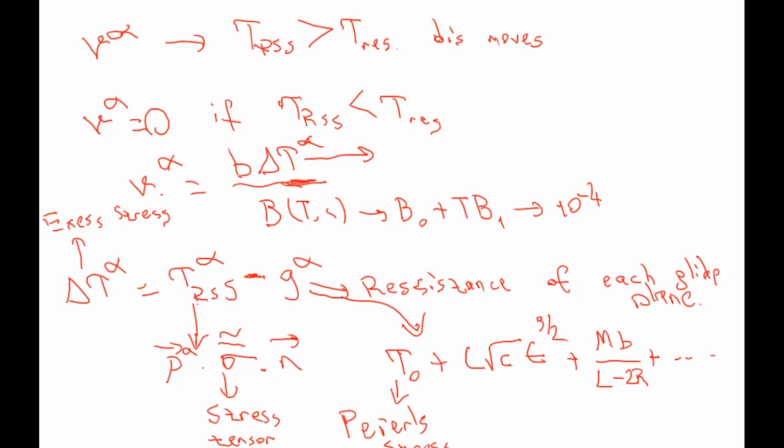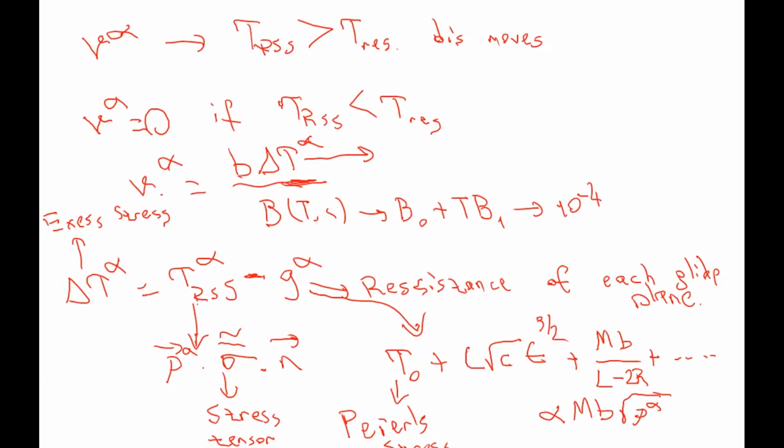Of course, the strain hardening can be calculated through alpha mu b square root of dislocation density. Once we add all of these values, we calculate the resistance of each glide plane.